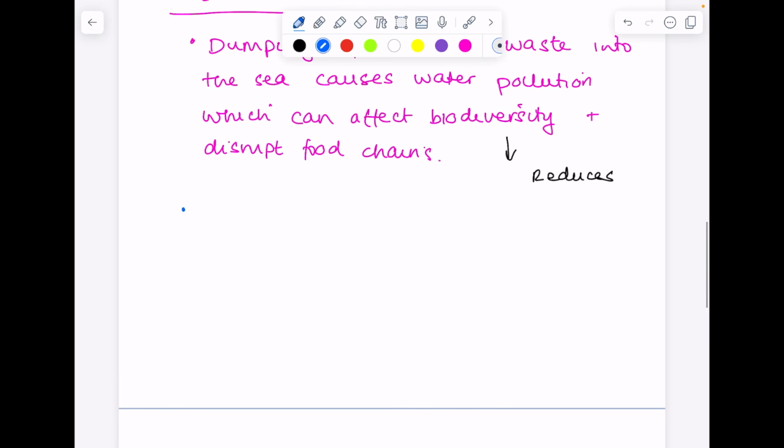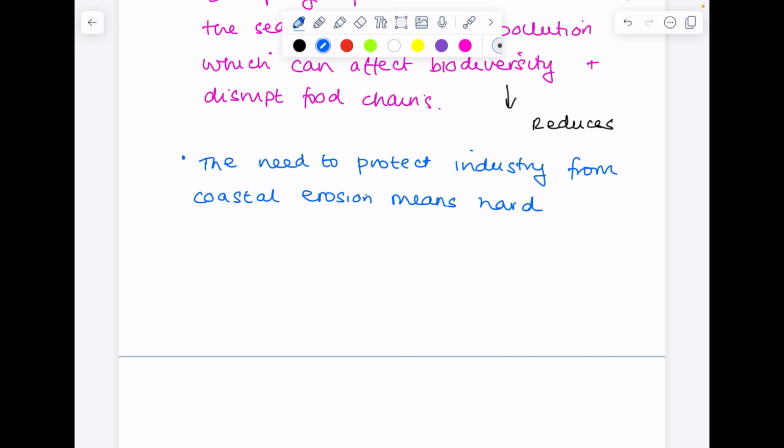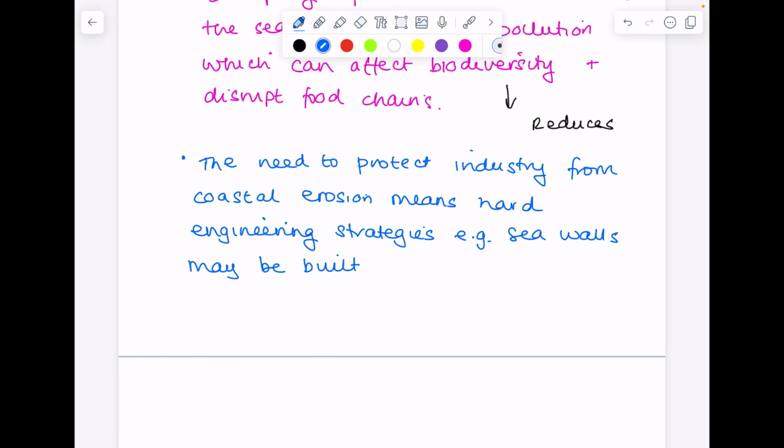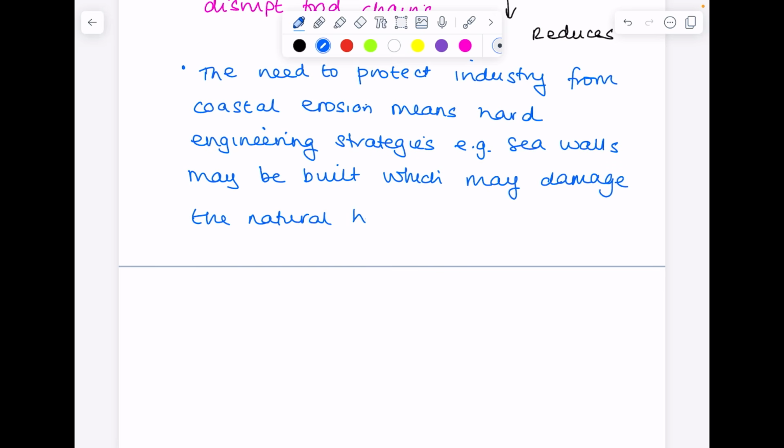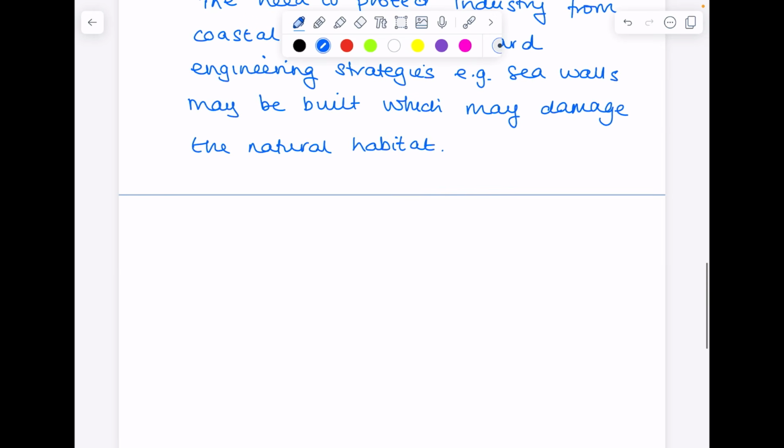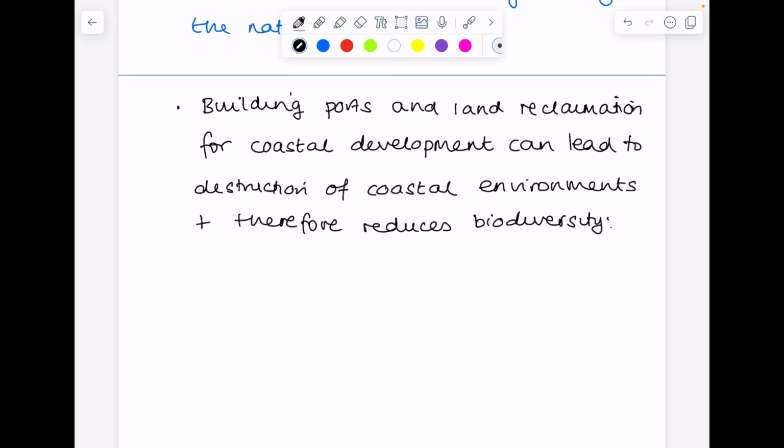You also got issues with the need to protect industry against coastal erosion, meaning that you build hard engineering strategies such as sea walls, and that absolutely can damage the natural habitat. Building ports and land reclamation for coastal development can lead to the destruction of coastal environments, reducing biodiversity.